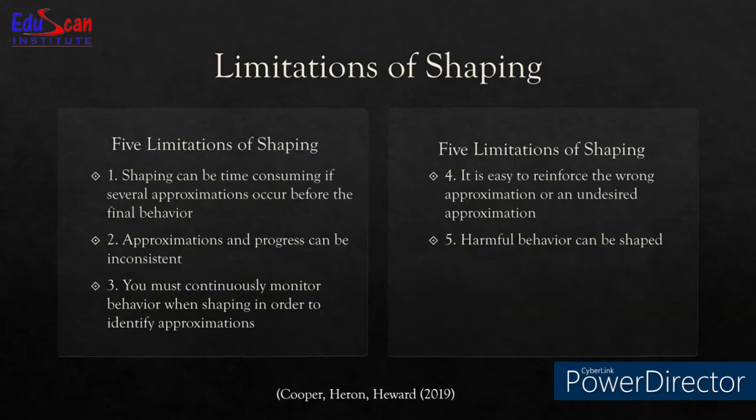Third, you must continuously monitor behavior when shaping in order to identify approximations. Fourth, it is easy to reinforce the wrong approximation or an undesired approximation. Fifth, harmful behavior can be shaped.